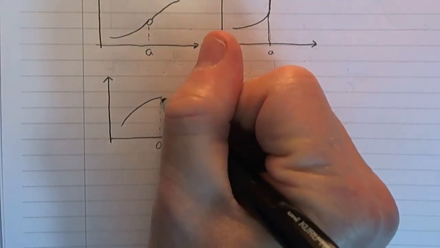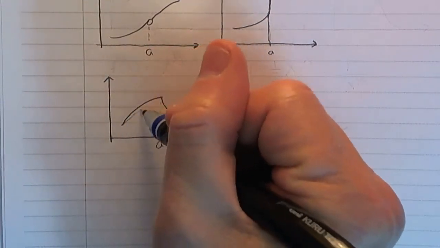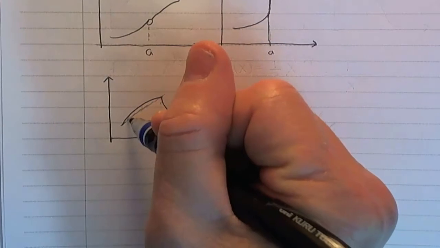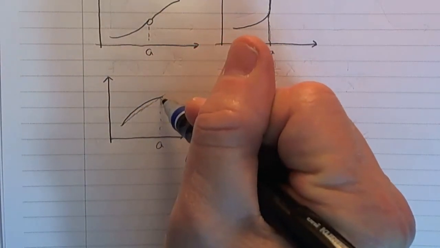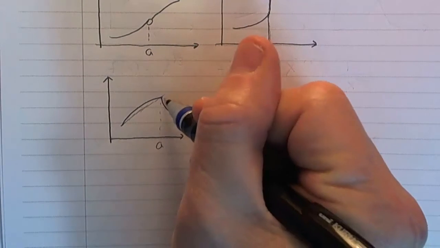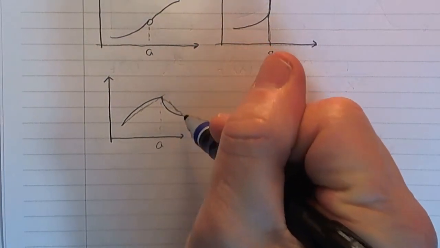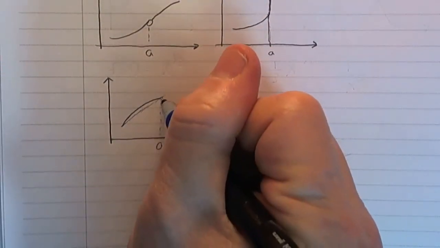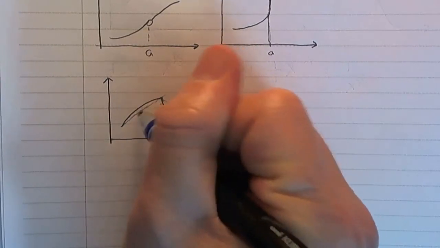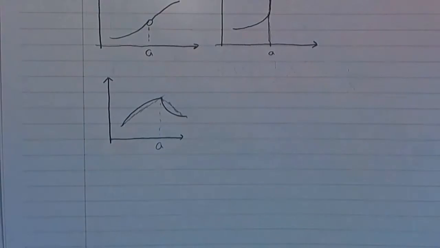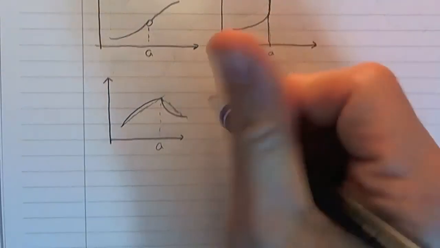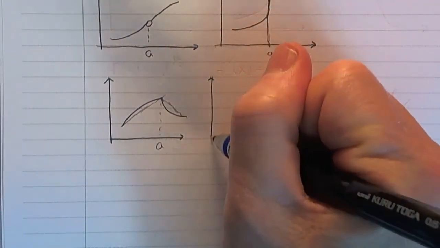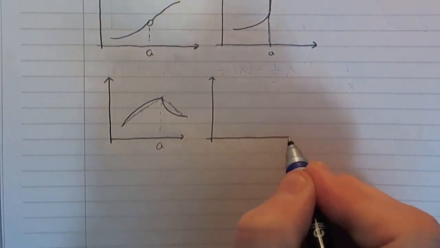Notice it looks like if you think of a secant line coming up through here and you're trying to get a tangent coming from this direction, it's going to be different than if you have a secant line over here trying to get a tangent coming from this direction. In other words, you've got a sharp point here, and the line to the left and the line to the right are not going to be the same. So whenever you have a sharp point like that, that tells us that you're not going to have a derivative at that point.